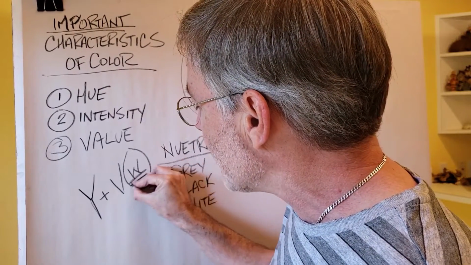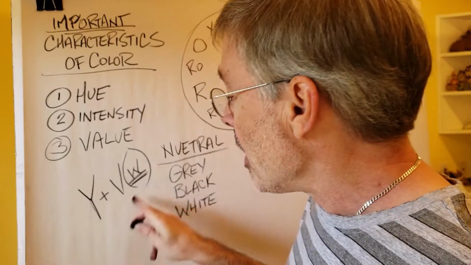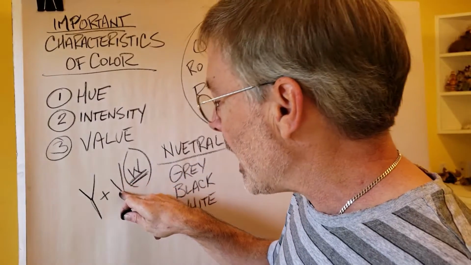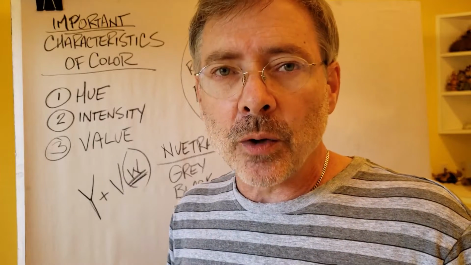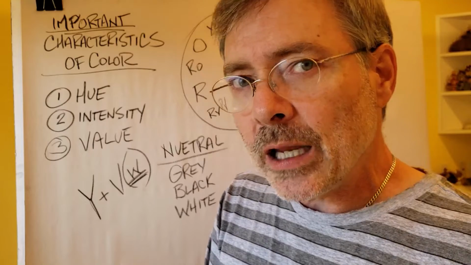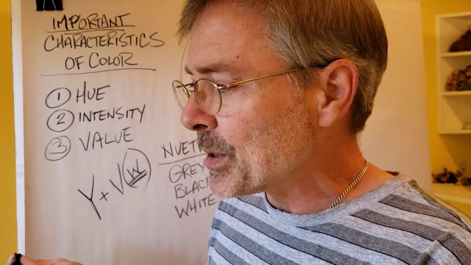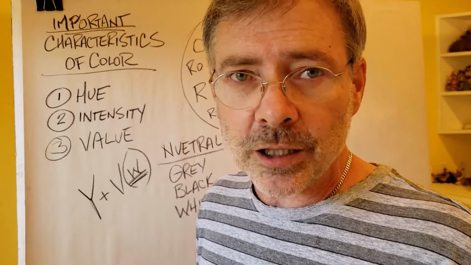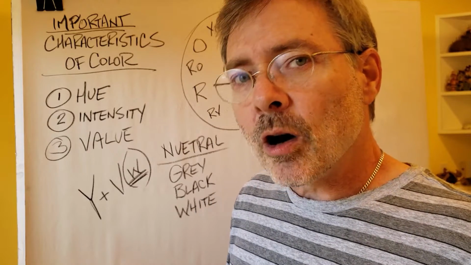I have to raise that local value to make it as light as yellow's local value by adding the neutral white, and then adding that combined violet and white together to my yellow, and I'm going to get exactly what I wanted. I'm going to change the saturation of the yellow. I'm going to keep that yellow in my composition using the same pigment as I did elsewhere in my composition, and I'm not going to change the color's hue, and I'm not going to change the color's value. Complex, yes. But this is what artists have to do.